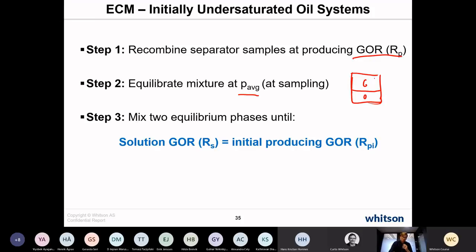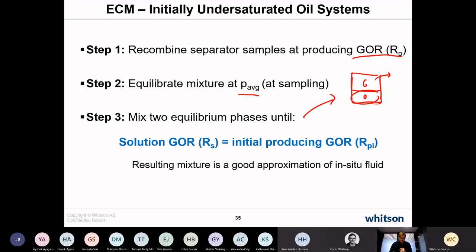So you first remove this gas right here, and you keep the oil alone in the PVT cell, and you inject the equilibrium gas in stages until the solution GOR of what's in this PVT cell is equal to the initial producing GOR. Or if you actually know the initial bubble point, you can also use that as information. It's two sides of the same story. And this results in a mixture that's a very, very good approximation of in situ reservoir fluids.